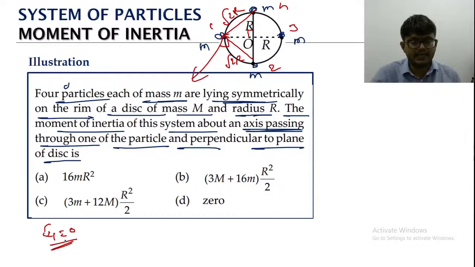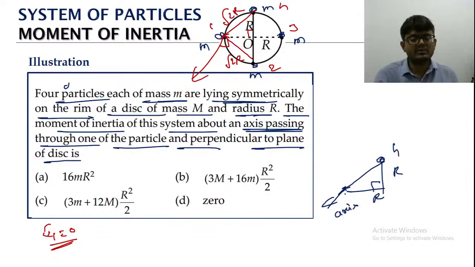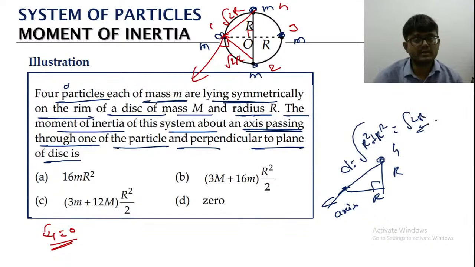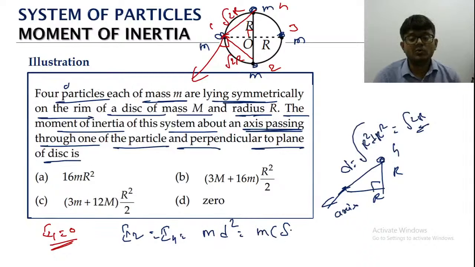If you draw it separately, we have the right angle triangle with this side R and this side R. This is the location of particle 4, and this is where the axis is passing through. The hypotenuse is the square root of R squared plus R squared, which is root 2 R. So I2 as well as I4 are both equal. The value is M D squared, which is M into root 2 R squared, that is 2 M R squared. Both are equal.